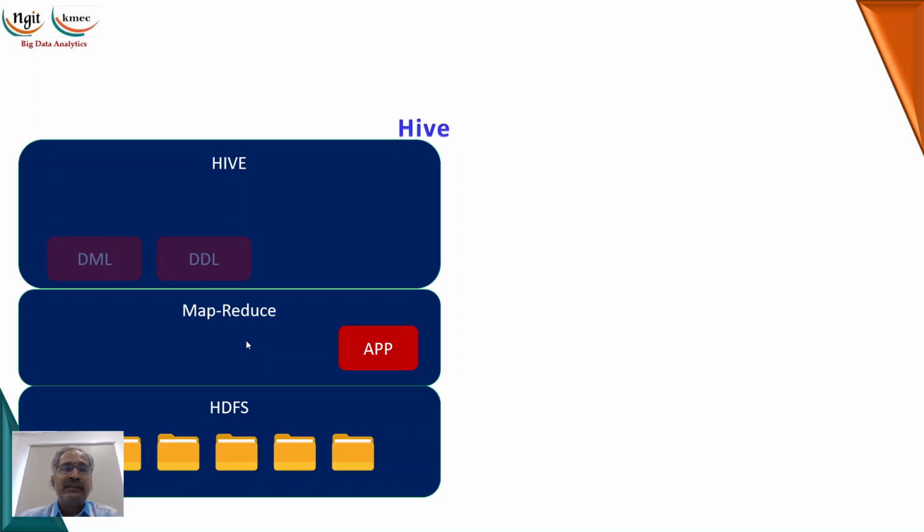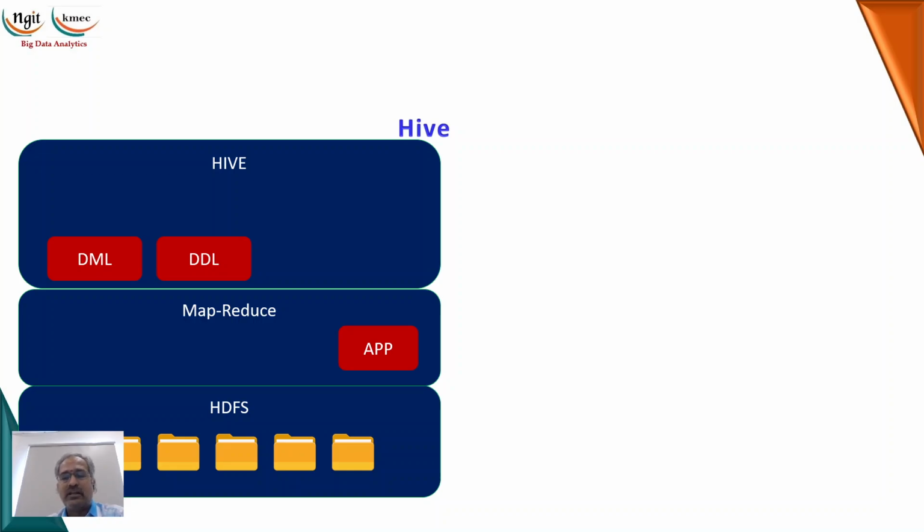Now Hive provides the DML and DDL statements. In the HDFS, what it will store is the raw data only. That is the flat file system, so it will be flat files. Already we have done that with hdfs dfs -put.